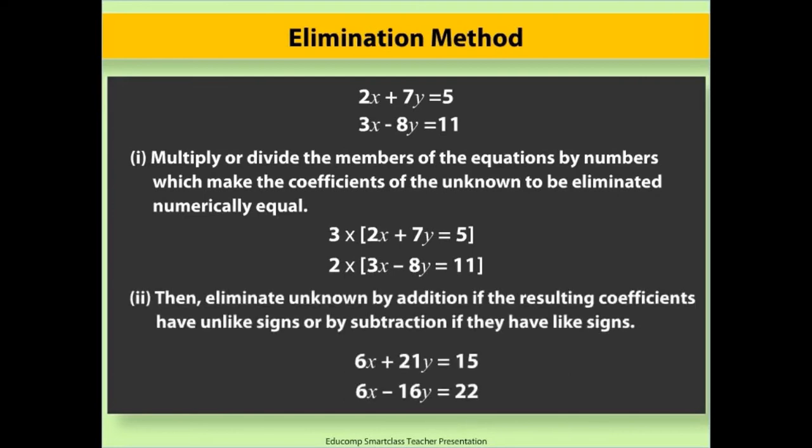Number 2: then, eliminate the unknown by addition if the resulting coefficients have unlike signs, or by subtraction if they have like signs. 6x plus 21y is equal to 15, 6x minus 16y is equal to 36.